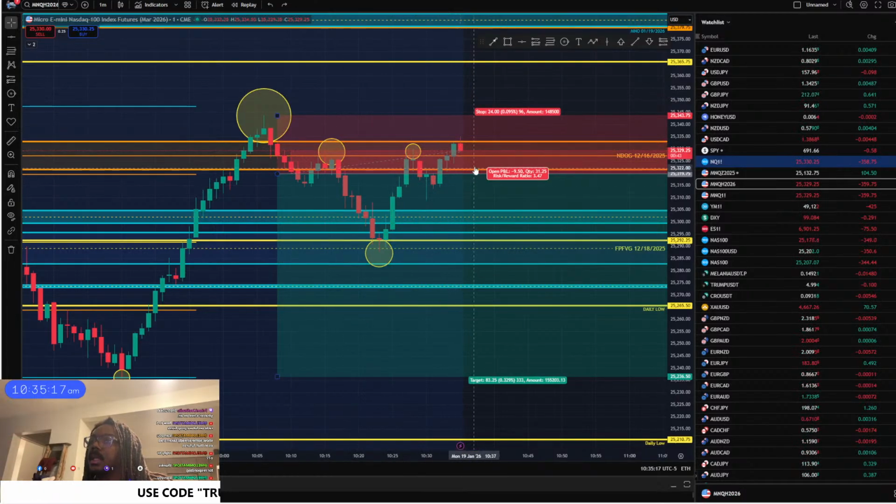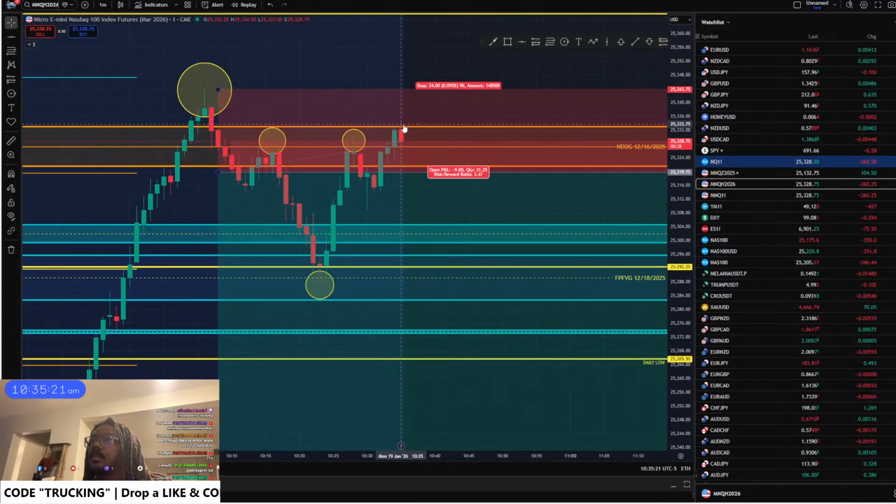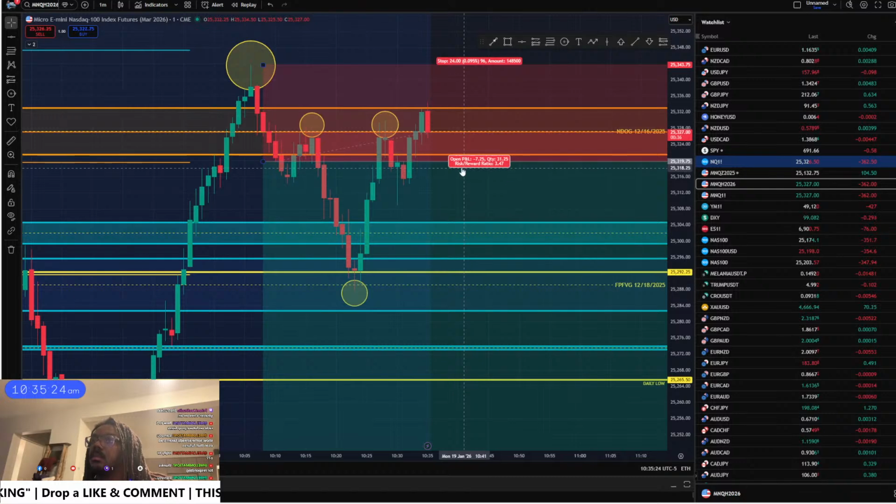So we just swept these highs. Now we want to see how this candle right here is going to react on a 1 minute time frame. Are we going to get some aggressive movement back down or no?